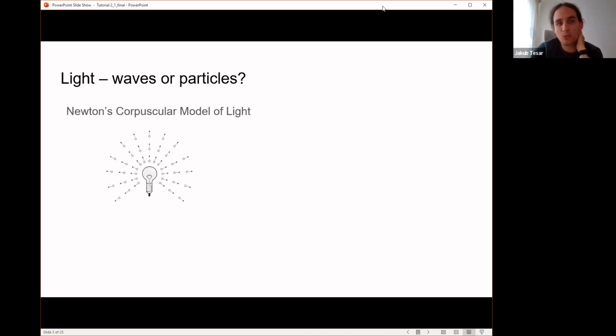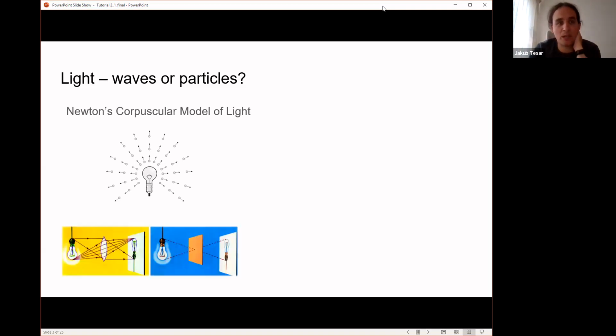One was Newton's corpuscular model of light, which presumed that light is some particles that spread along straight lines, and they allow us to explain phenomena like how classical optics works, or how, for example, the original photography worked, basically propagating the particles of light from their source along a straight line to some target.